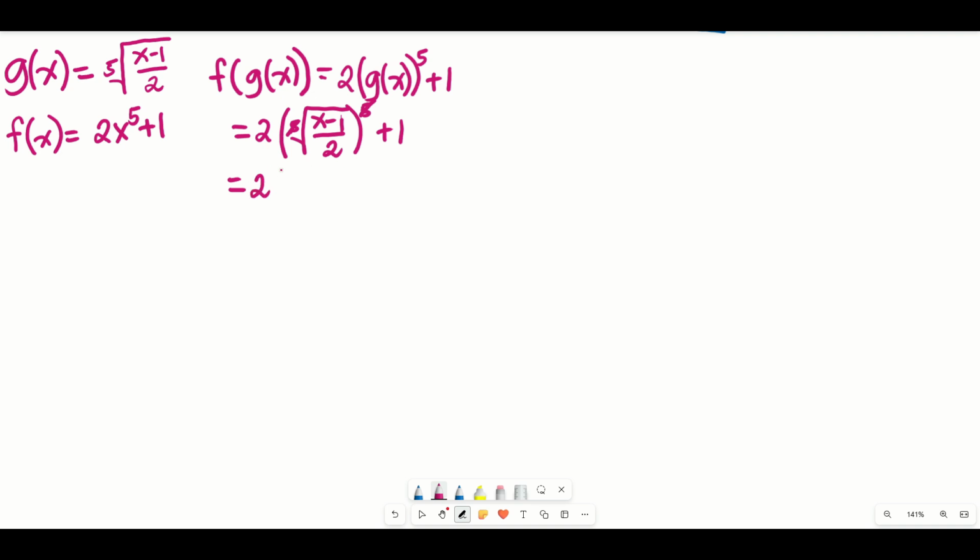So that is 2 times x minus 1 over 2 plus 1. And then, I'll cancel this. Okay? I'll be left with x minus 1 plus 1. So, negative 1 plus 1, this is 0. So, you'll have x.